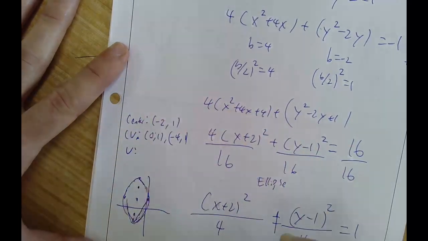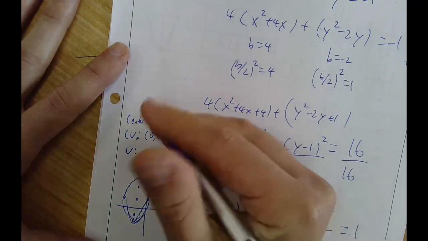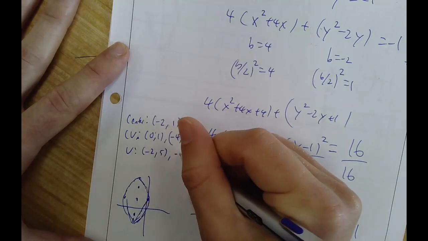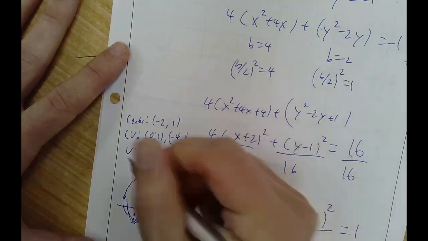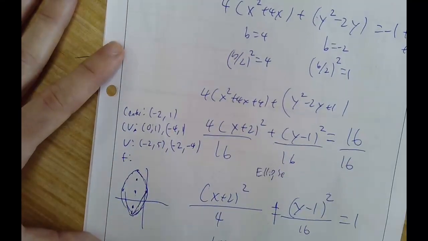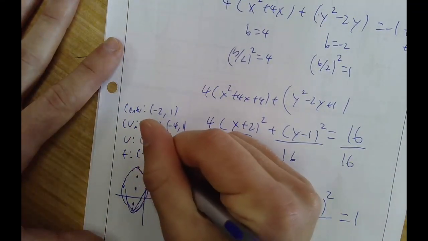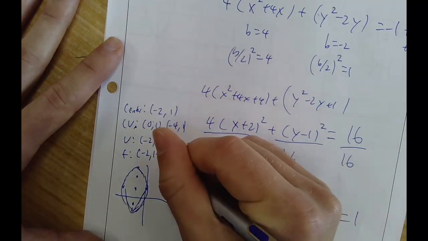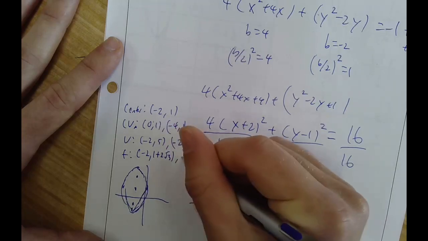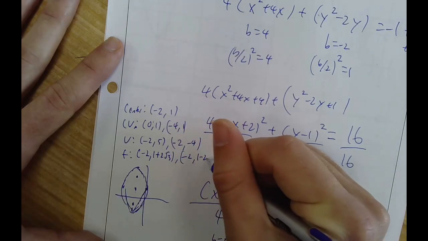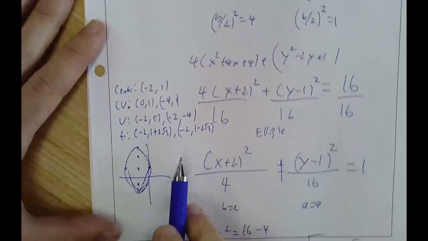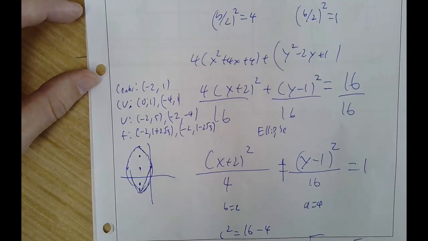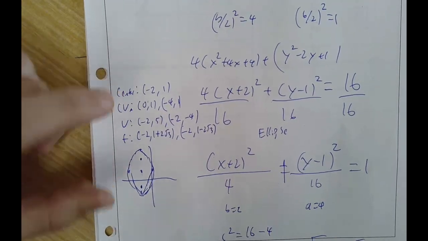We have vertices at this 4, so it's going to be at -2, 5, and -2, -4. And then we're going to have foci, and they're going to be at -2, 1 plus 2√3, and at -2, 1 minus 2√3. Right, so I'm just adding and subtracting c there from the y value. I think we got everything there. We got the foci, vertices. Don't have to worry about asymptotes.